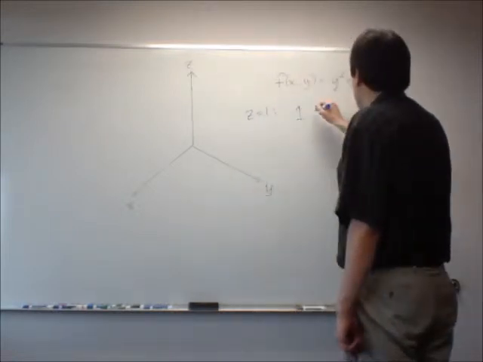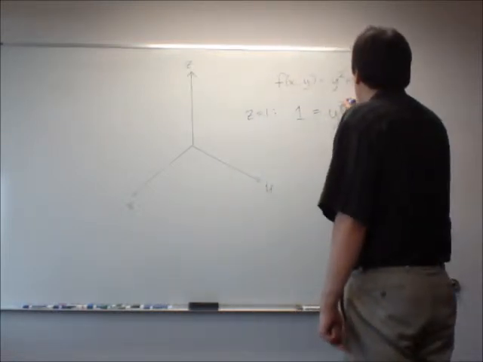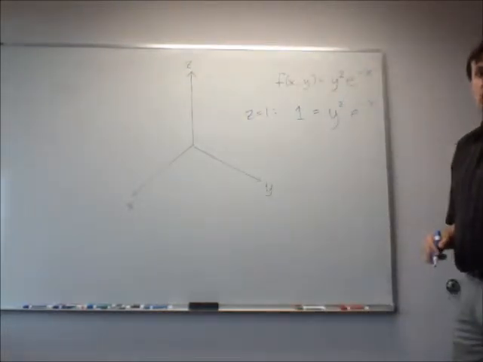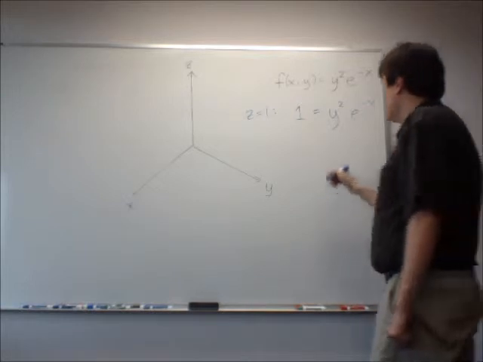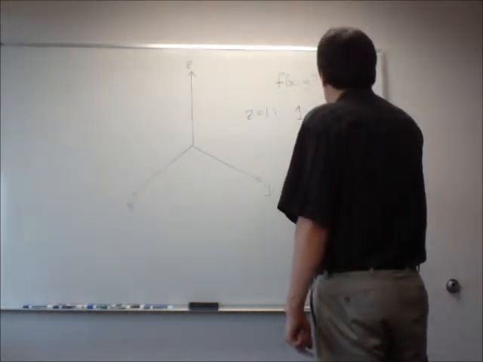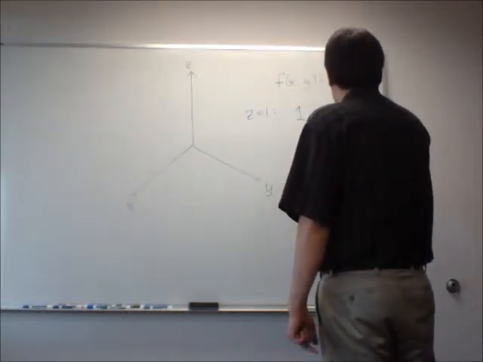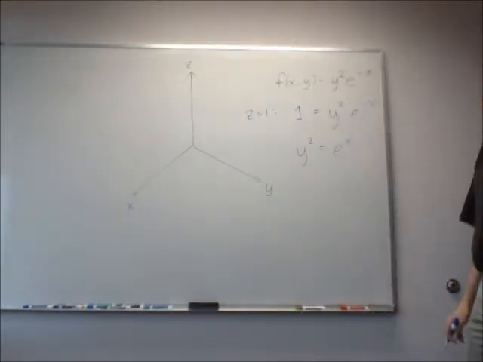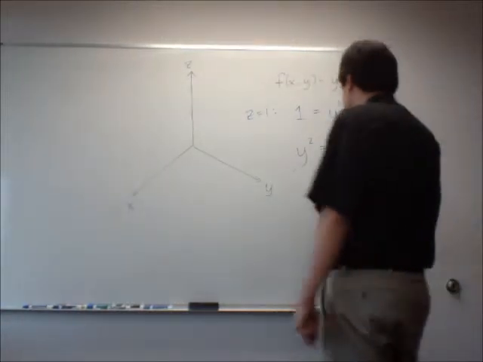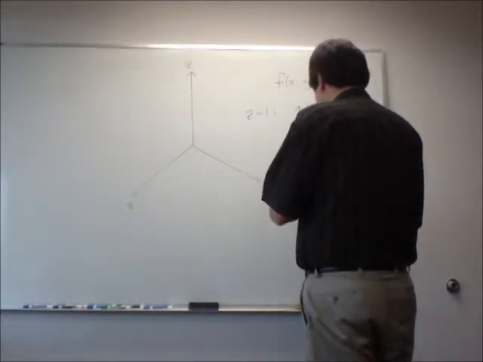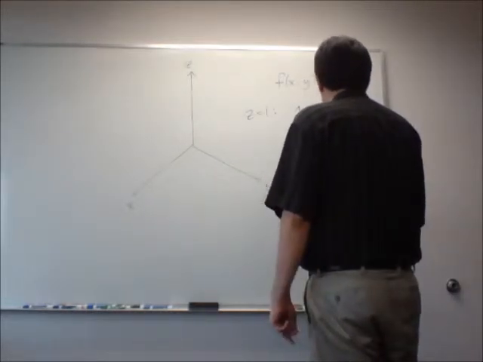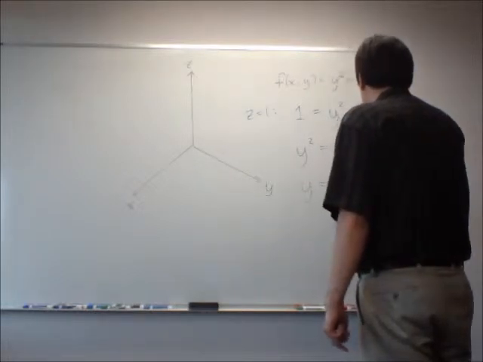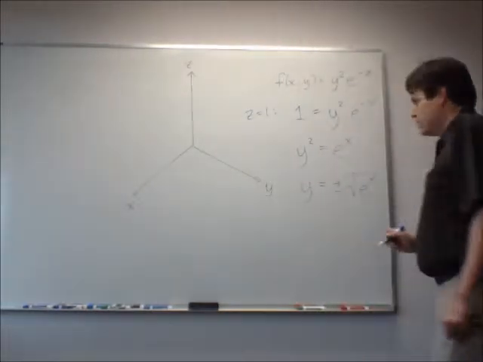We get the equation 1 equals y squared e to the minus x. And I can rearrange that equation and get y squared equals e to the x. Now at this point I could do more work. I could, for example, take the square root of each side and get y equals plus or minus e to the x over 2.